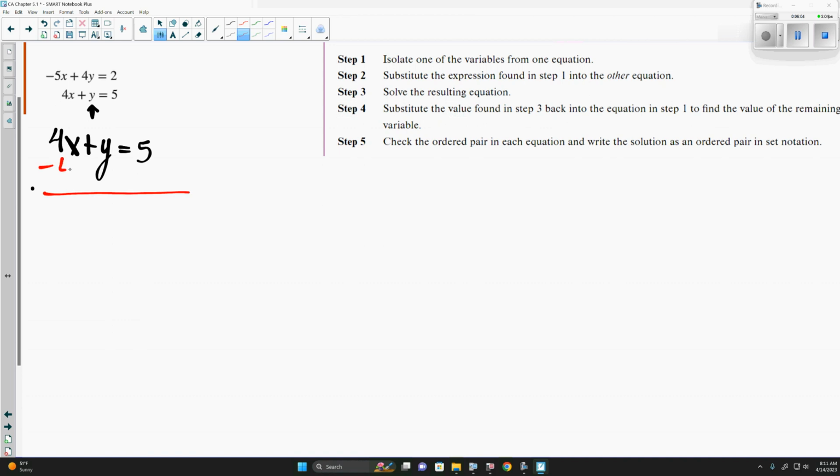So the first thing we can do is subtract 4x from both sides, telling us that y is equal to 5 minus 4x.